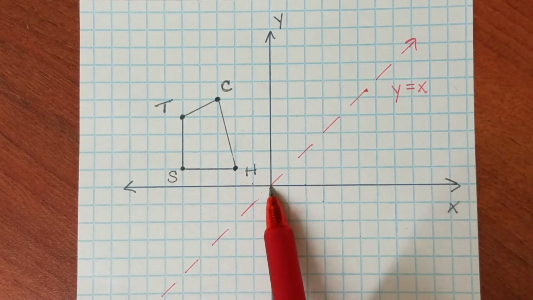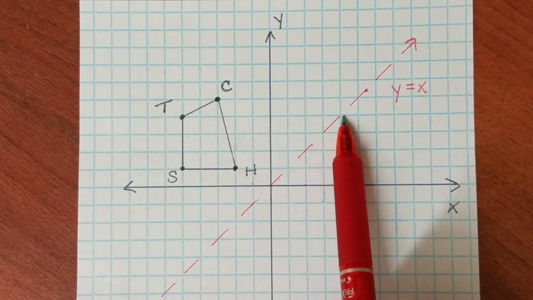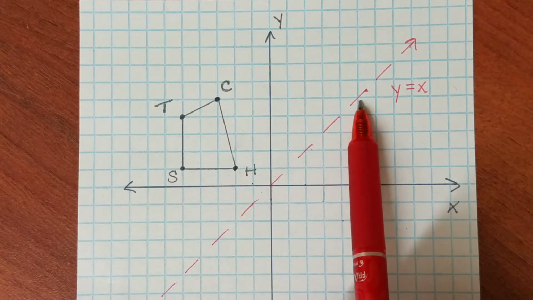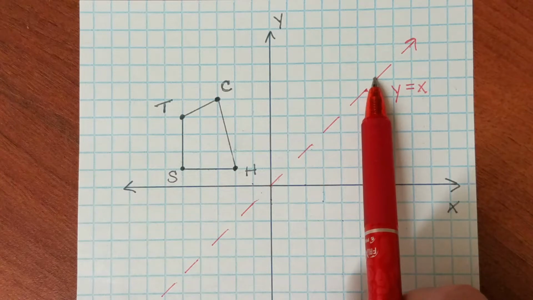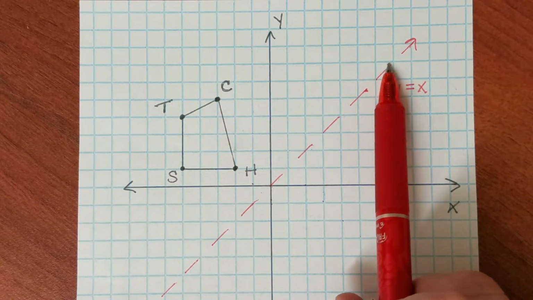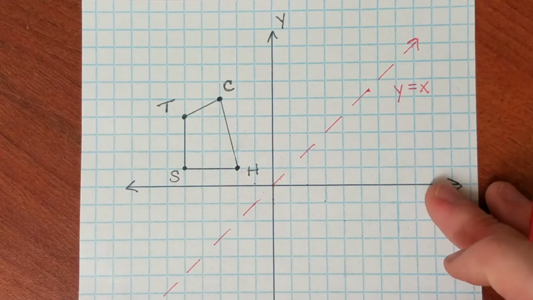So if we start at the origin, that is our y-intercept, we're going to go up 1, right 1, up 1, right 1, and so on. You do that all the way across, so we have our line of symmetry there.